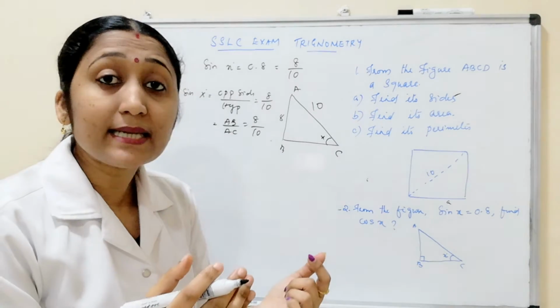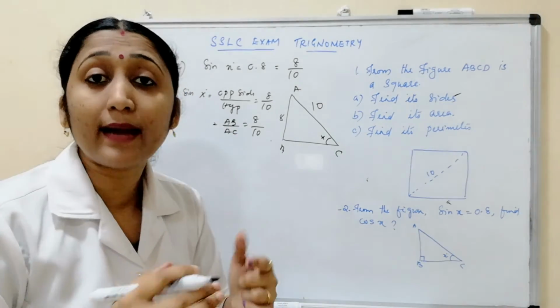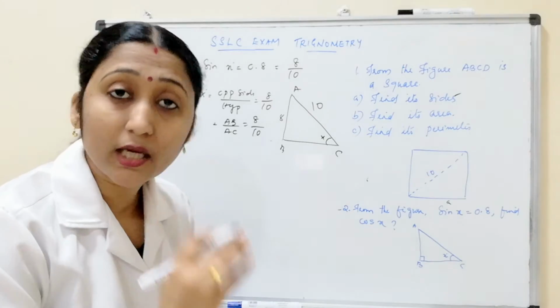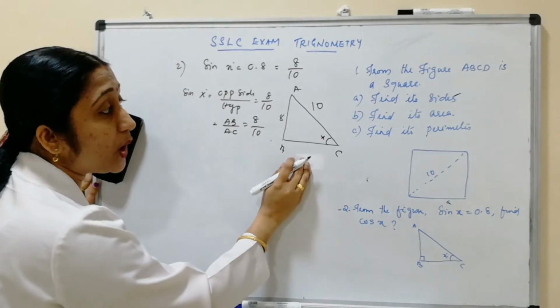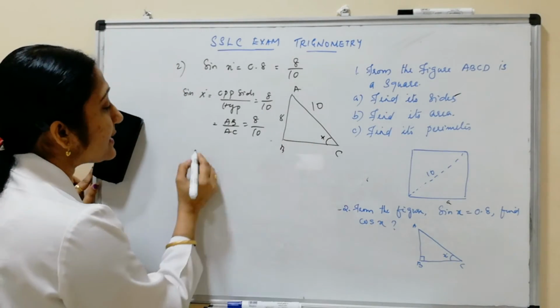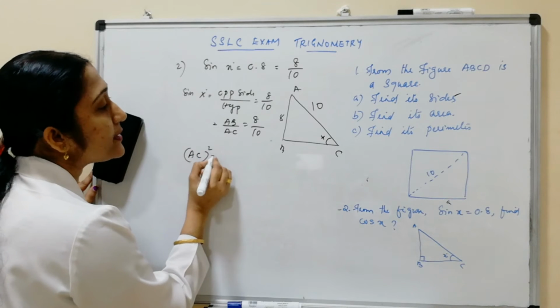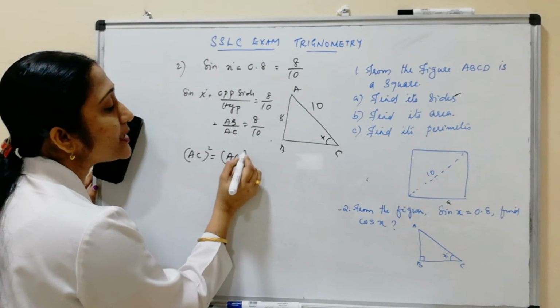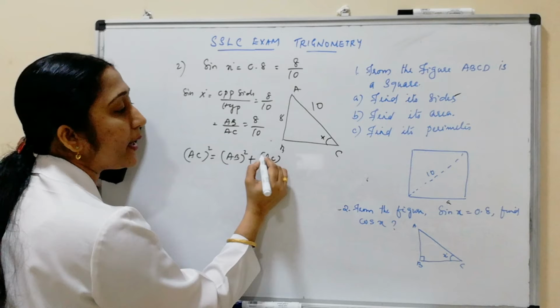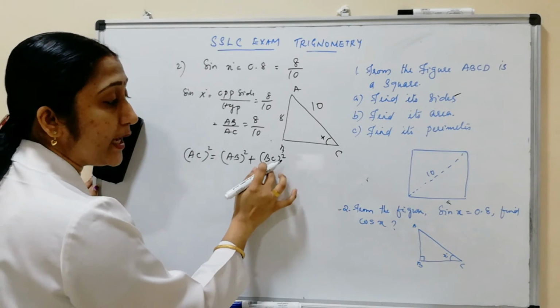Based on the right angle triangle, to find the third side we use the Pythagoras theorem. From the Pythagoras theorem, AC whole square is equal to AB whole square plus BC square. But here we want to find BC.